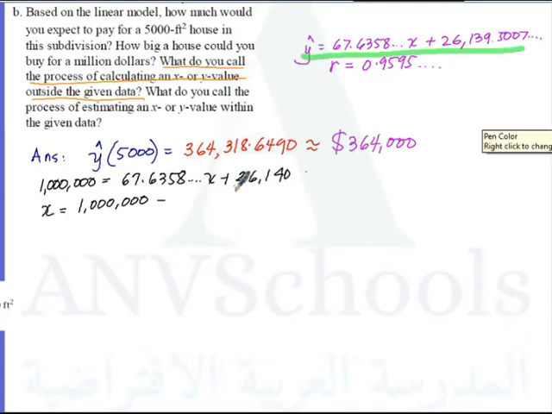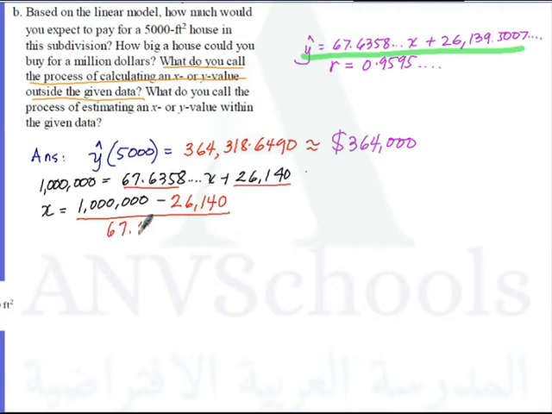Minus this, okay, 26,140 all over this 67.6358. So this will give us a value of x which is equal to 14,398.5887 feet, or this is also approximately 14,400 feet.